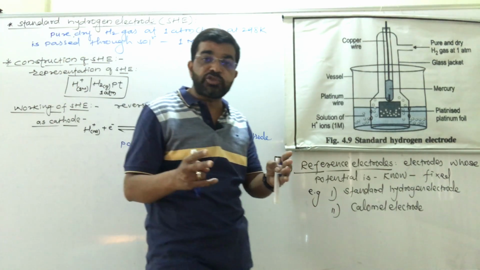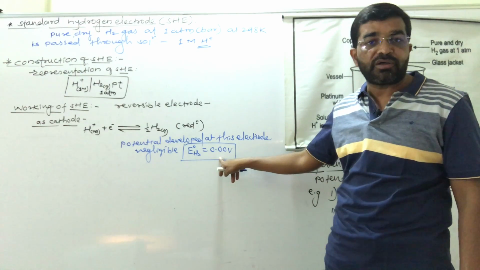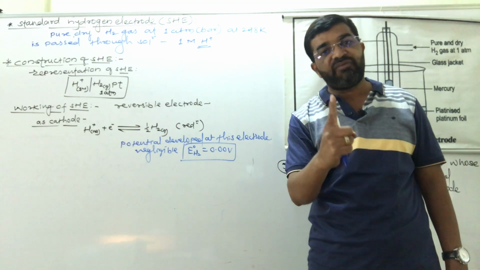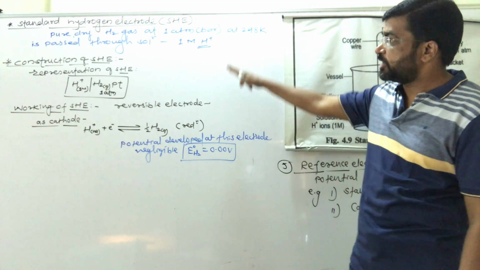So its potential is already known. It is arbitrarily fixed at 0 volt, and therefore this is the reference electrode.